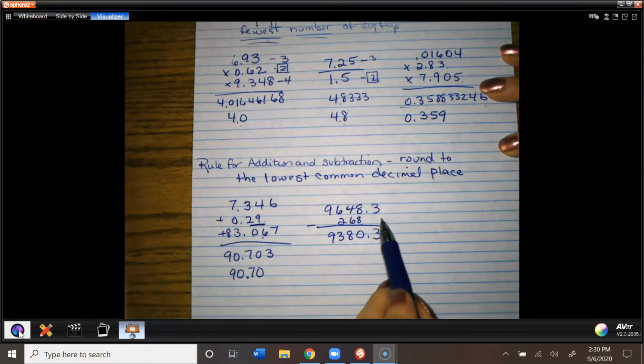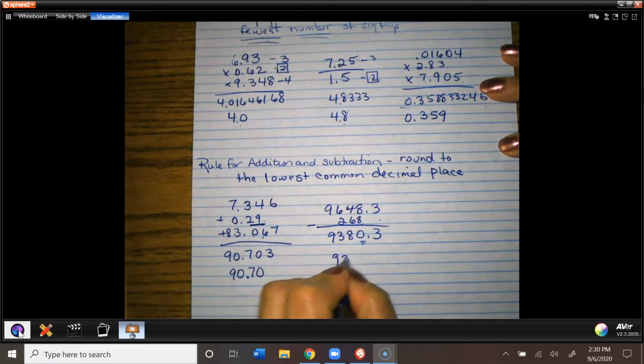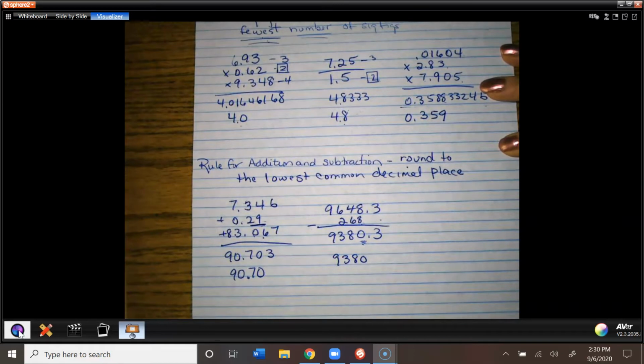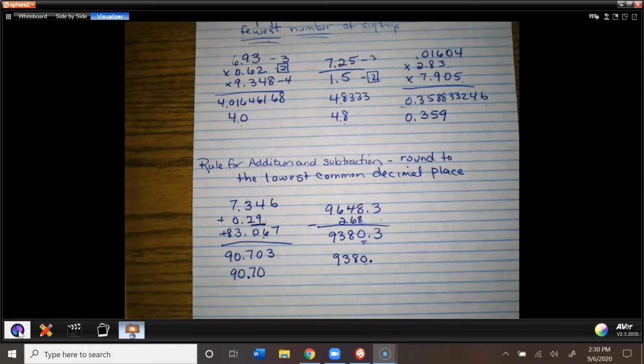This one doesn't go to the tenths place, so my answer has to stop here. So 9380. Does that 0 count? Is that significant? It does. So I would need to put a decimal point there to make sure that it was properly labeled as a measured value, a significant figure.